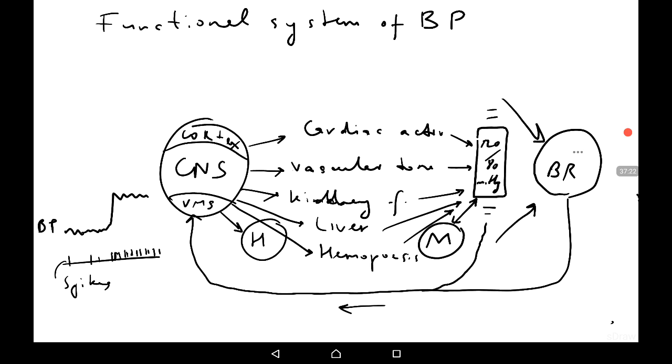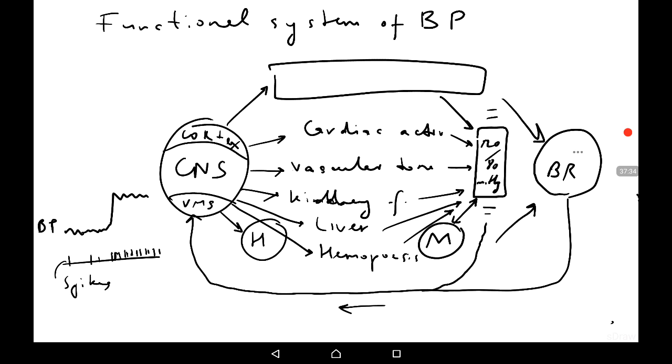Also, we have shown the cortex, and we can draw the external link of regulation. As usual, the external link is behavioral regulation. Behavior takes part in the regulation of the blood pressure.